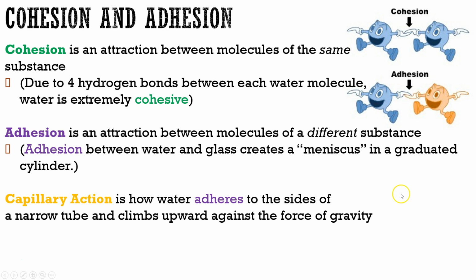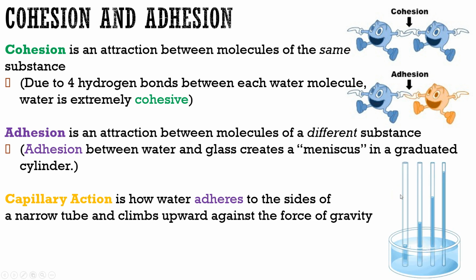It's how water adheres to the sides of a narrow tube and climbs upward against the force of gravity. The thinner the tube is, the more of an adhesive force there is between the water and the glass. This is also how trees are going to pull water up from their roots all the way up to the very, very tippy tops of their leaves. They're using capillary action. Water is going to stick to both the wood and itself in those very thin tubes and climb up. The thinner the tube, the higher it's going to climb. That's capillary action.